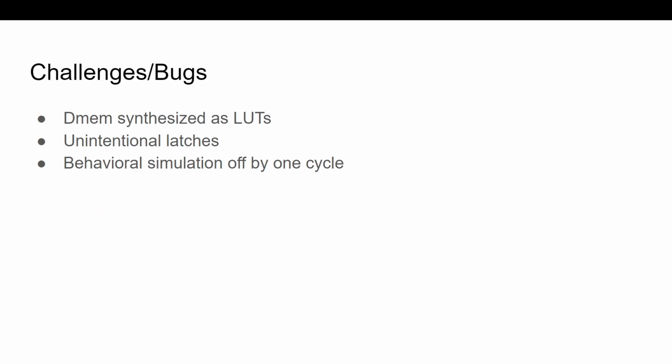Okay, and then some bugs that I encountered when trying to get it to work on the board was the memory synthesis issue where it mapped it to lookup tables at first instead of the block RAM. I also created some latches by accident in the state machine that took me a while to track down. And then for some reason, when I simulated the full design, it was one cycle ahead of where the final result was.